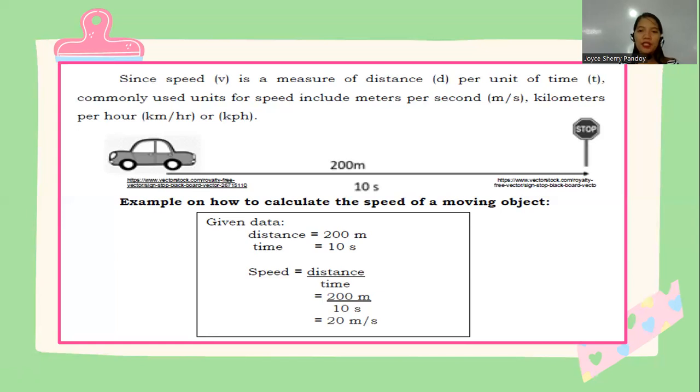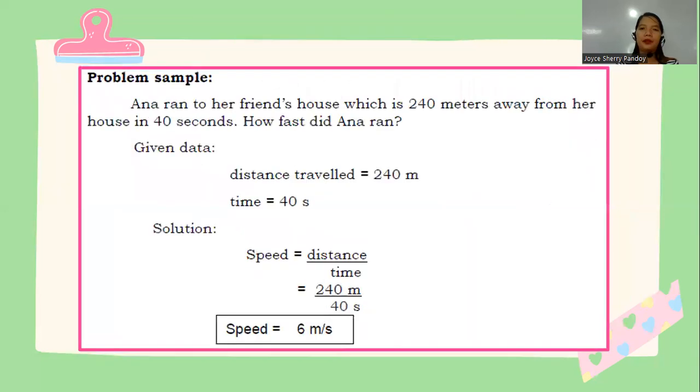So it is equal to 200 meters divided by 10 seconds. It is equal to 20 meters per second. Now, we will have another example.